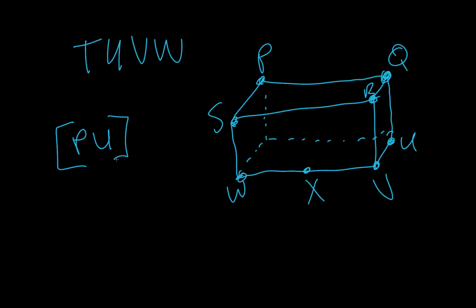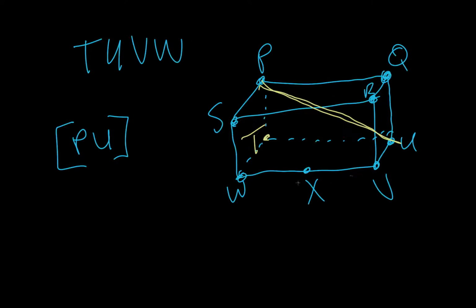So we're going to mark PU, which is going to be a line segment, just so we can see it visually. And so the projection of PU onto the plane is TU. So if we're trying to put it on TUVW, oh, T is back here by the way.